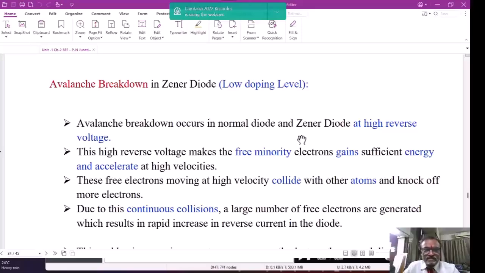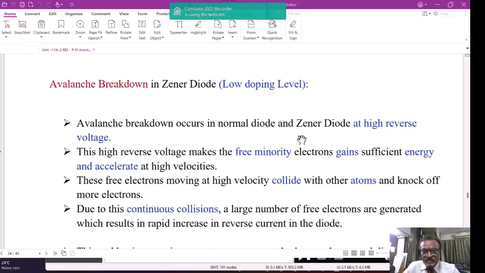Normally, avalanche breakdown diodes, Zener diodes, are having low doping level. Avalanche breakdown occurs in the normal diode and Zener diodes at high reverse voltage, whereas avalanche breakdown is dangerous and damaging for conventional normal rectifier diodes, and therefore it is not recommended to operate the conventional rectifier diodes in the breakdown region.